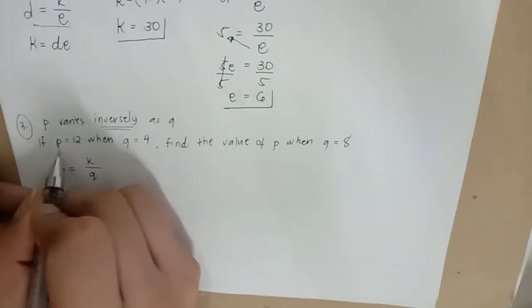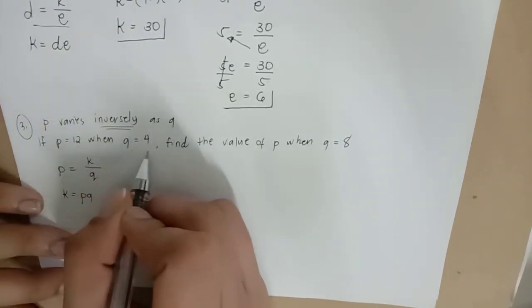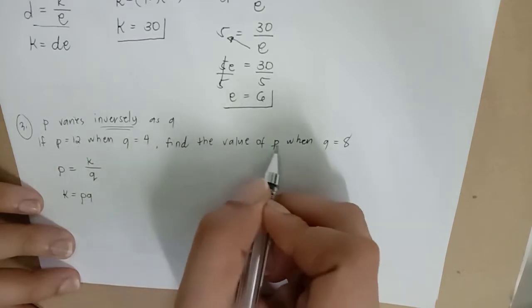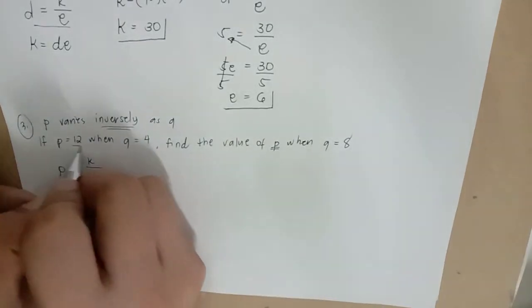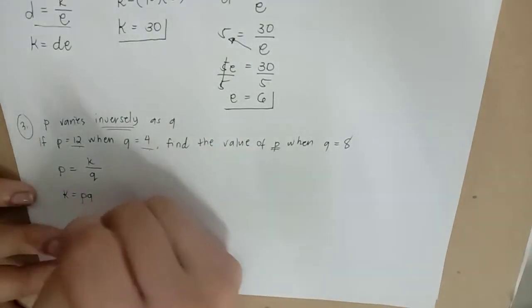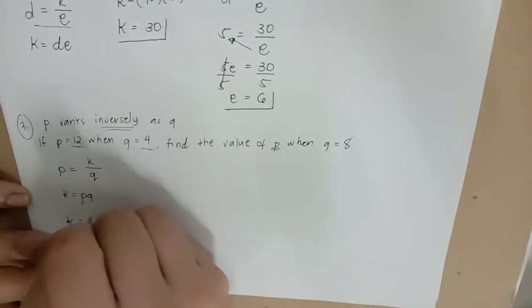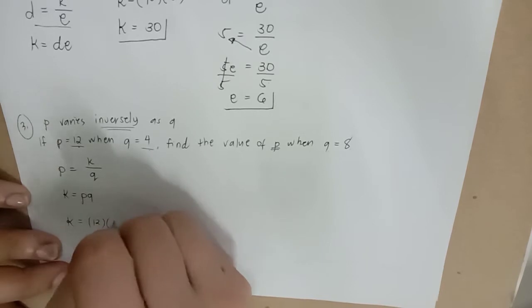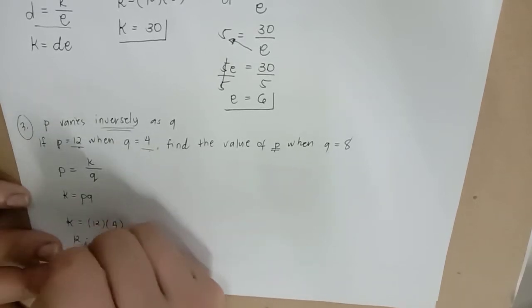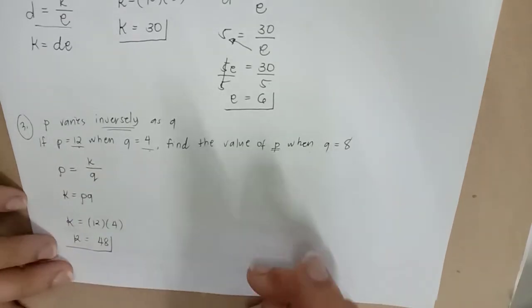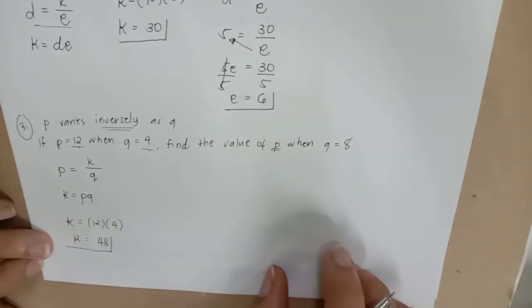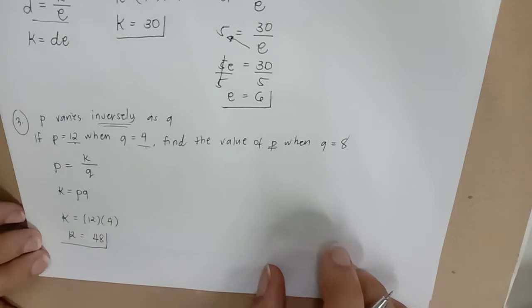Sabi dito, if P is equals to 12 when Q is 4, find the value of P when Q is 8. Ito muna po tayo. Multiply lang po natin. So, K is equals to 12 multiplied by 4. K is equals to 48. So the value of our K is 48.